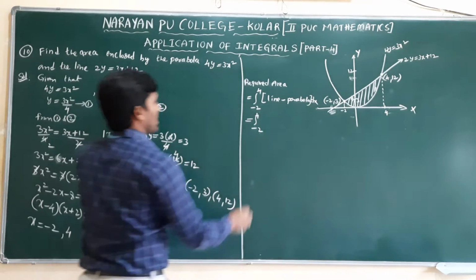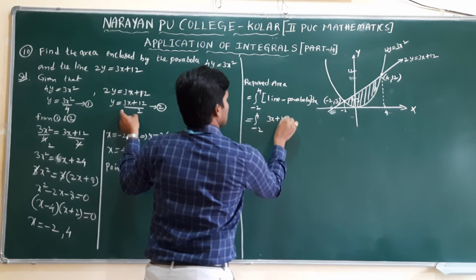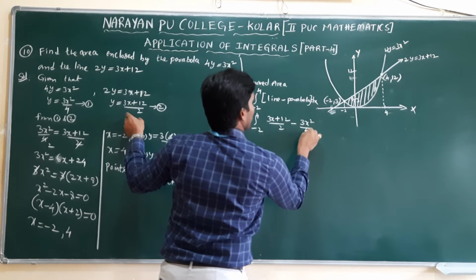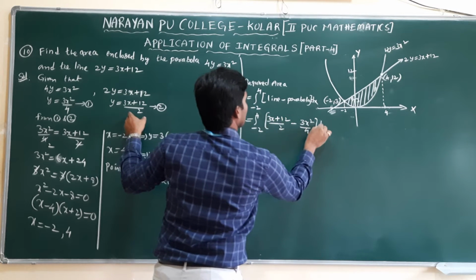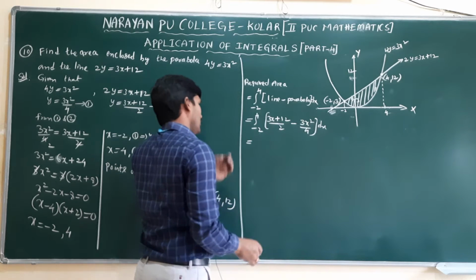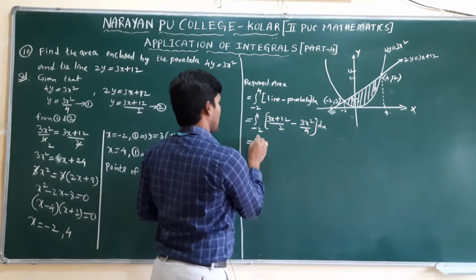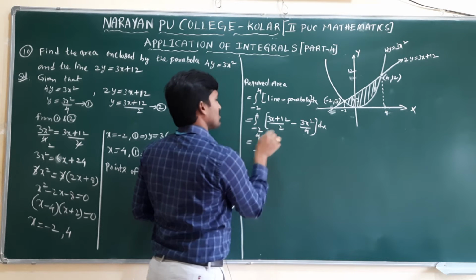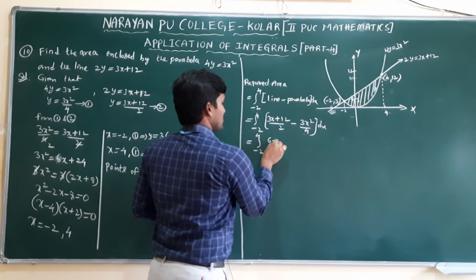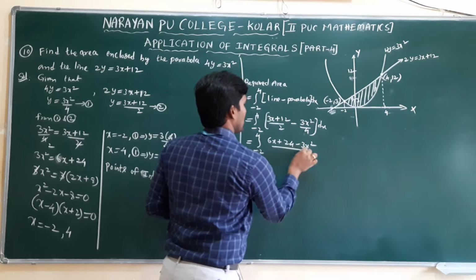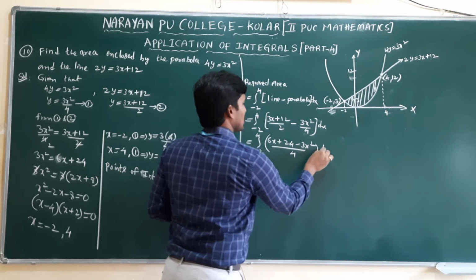So upper is a line: (3x plus 12) by 2 minus 3x square by 4. Now simplification. Take LCM 4 before integration. 2 times will multiply: (6x plus 24 minus 3x square) whole divided by 4 dx.